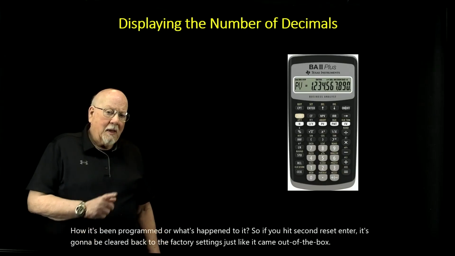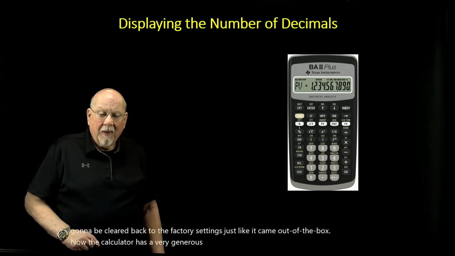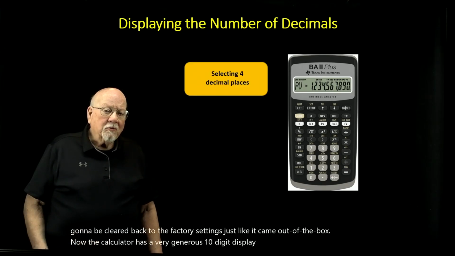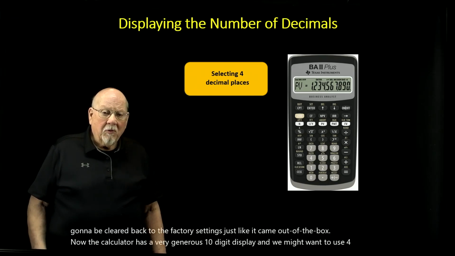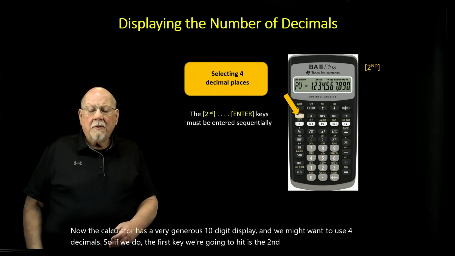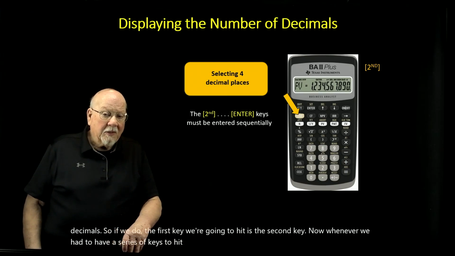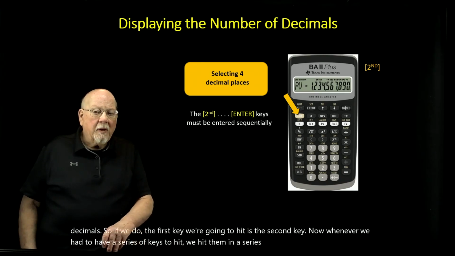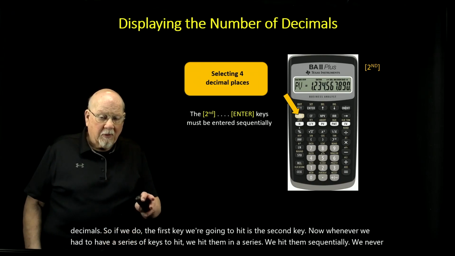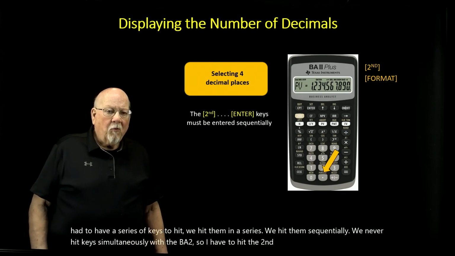Now, the calculator has a very generous 10-digit display, and we might want to use 4 decimals. So if we do, the first key we're going to hit is the second key. Now, whenever we have a series of keys to hit, we hit them sequentially. We never hit keys simultaneously with the BA2. So after we hit the second key, next we hit the format key.